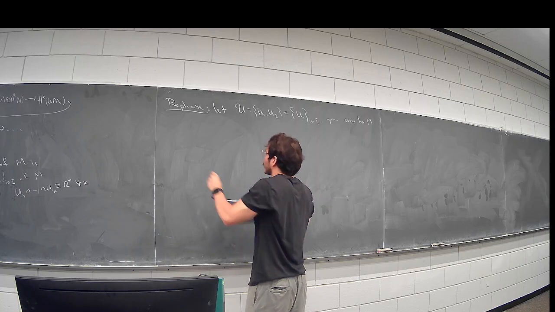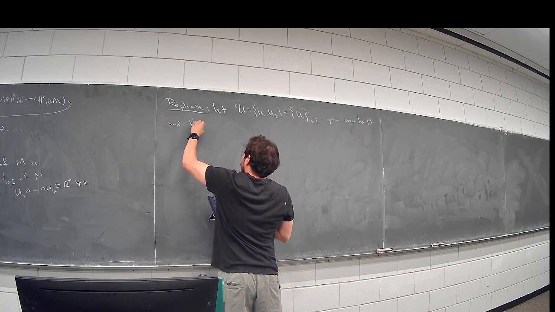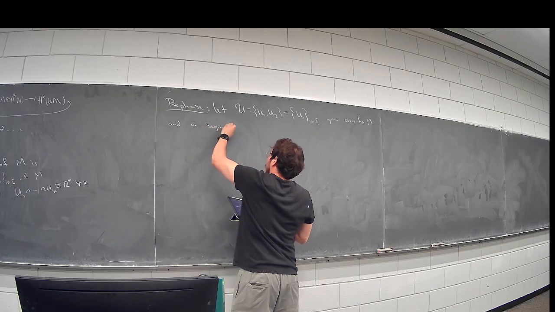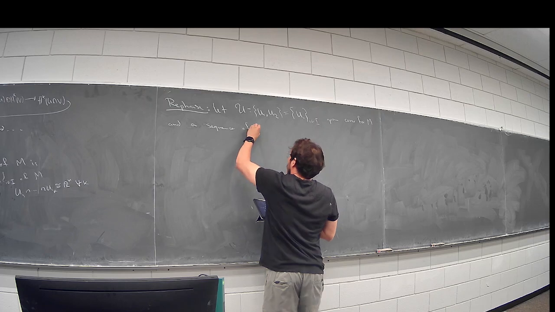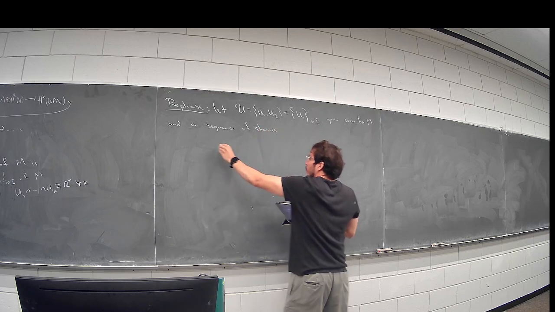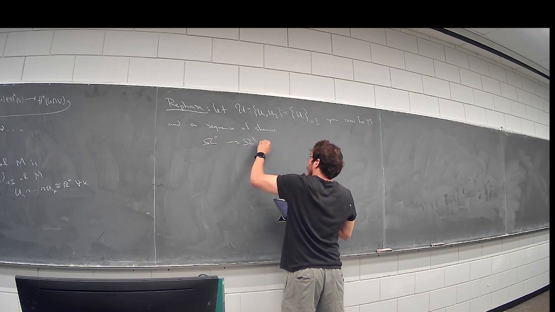Okay, so that's an open cover for M, and this time we have a sheaf, where we had omega 0, omega 1.